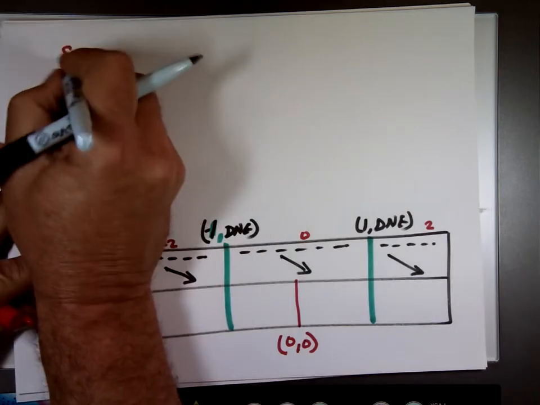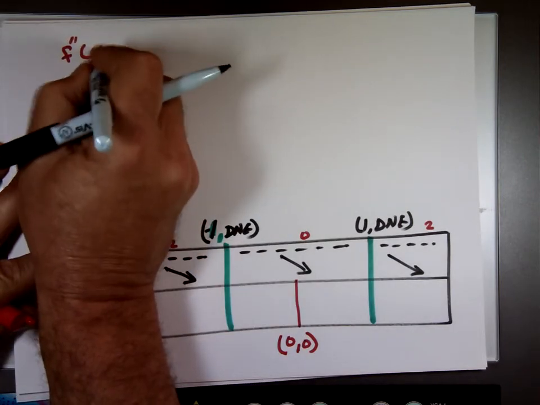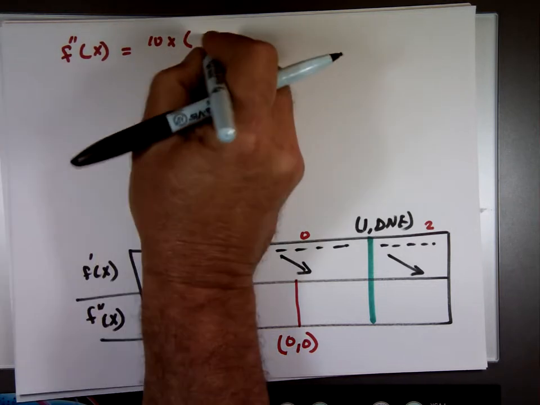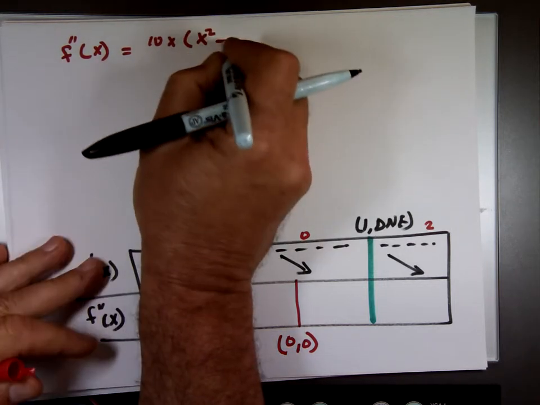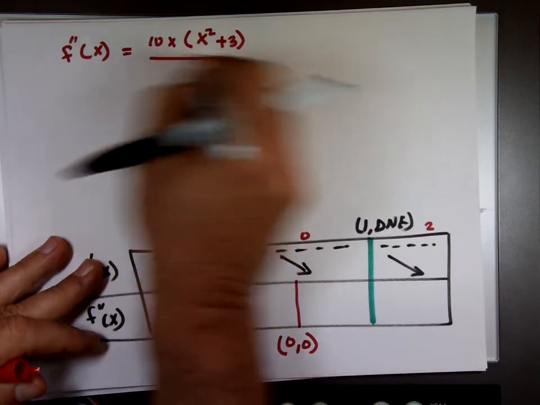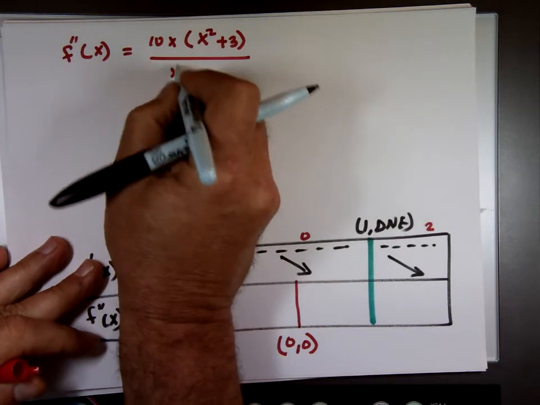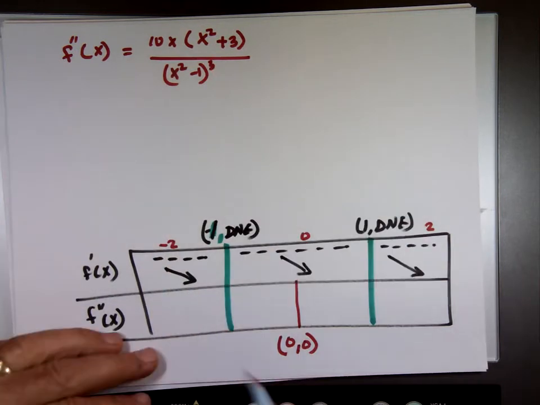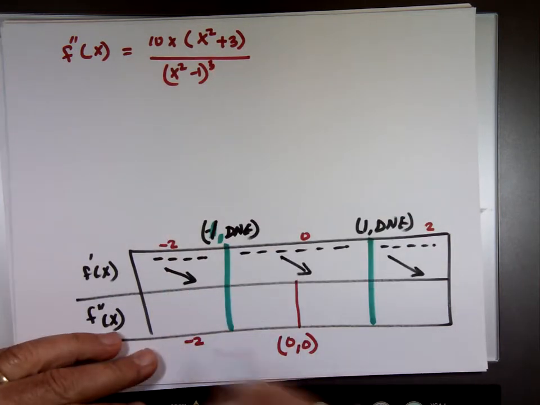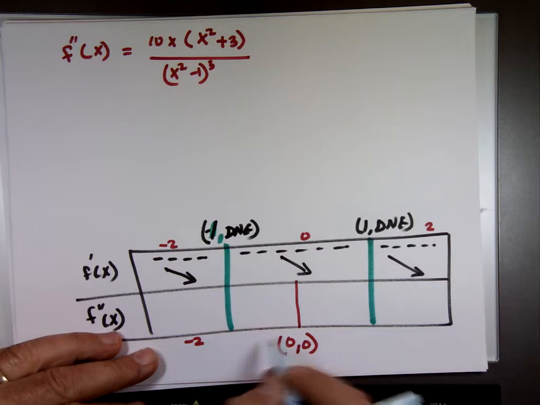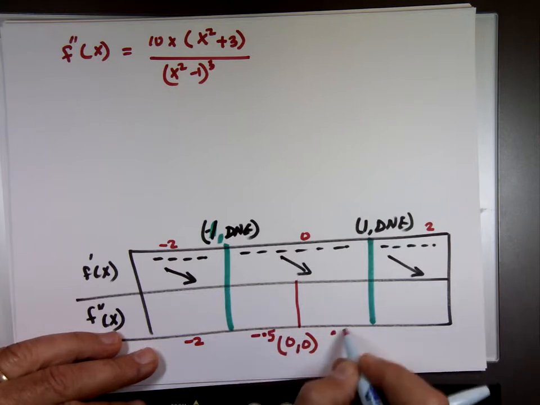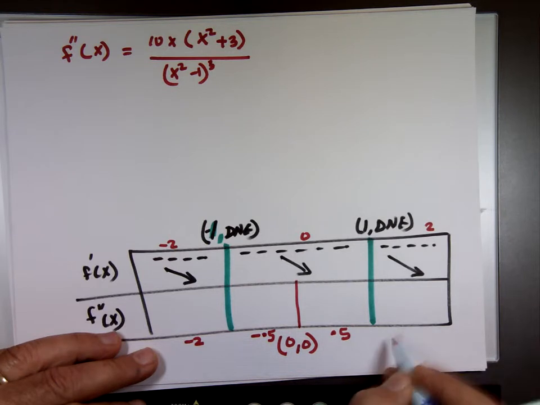Here's my second derivative, so I don't have to keep going back and forth. Let me pick a negative 2 again. Between minus 1 and 0, negative 0.5. 0 and 1, how about 0.5? More than 1, how about a 2?